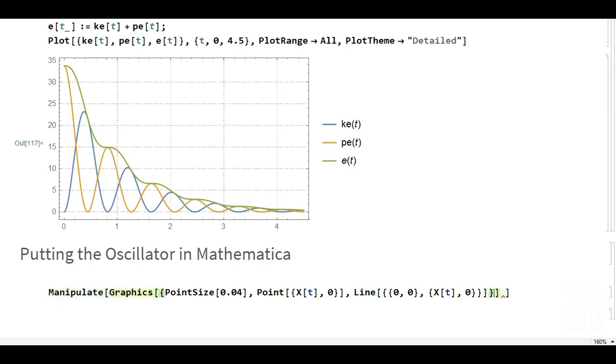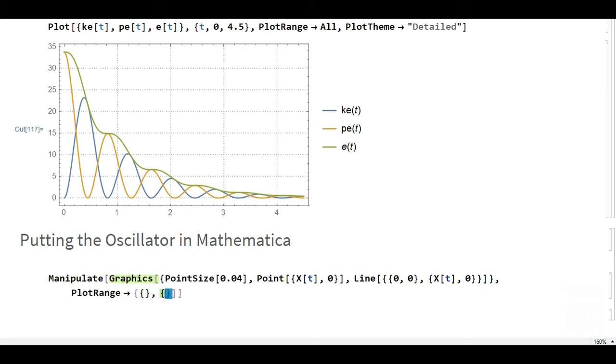The next thing we have to do is specify the PlotRange, and this is important because if we don't specify the plot range, there might be a chance that our oscillator will go out of the graph or the animation. So inside this Graphics we want to have a PlotRange.